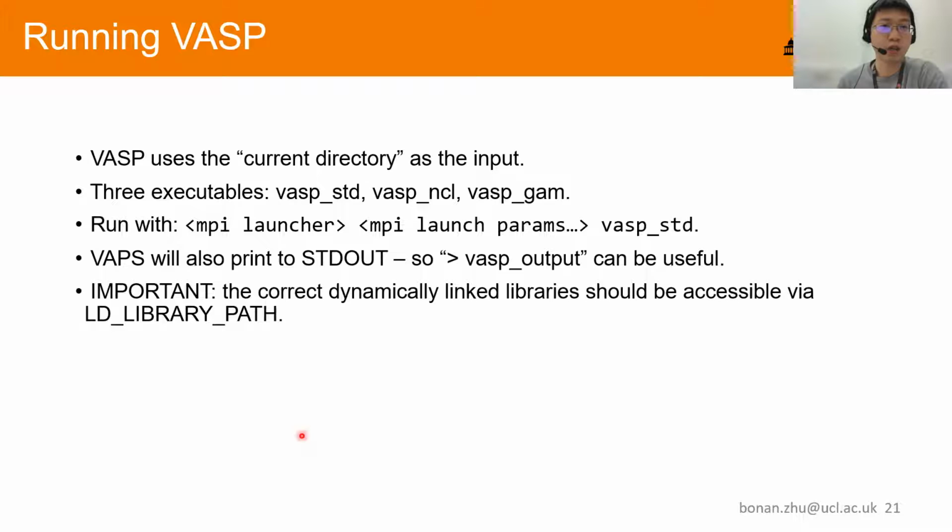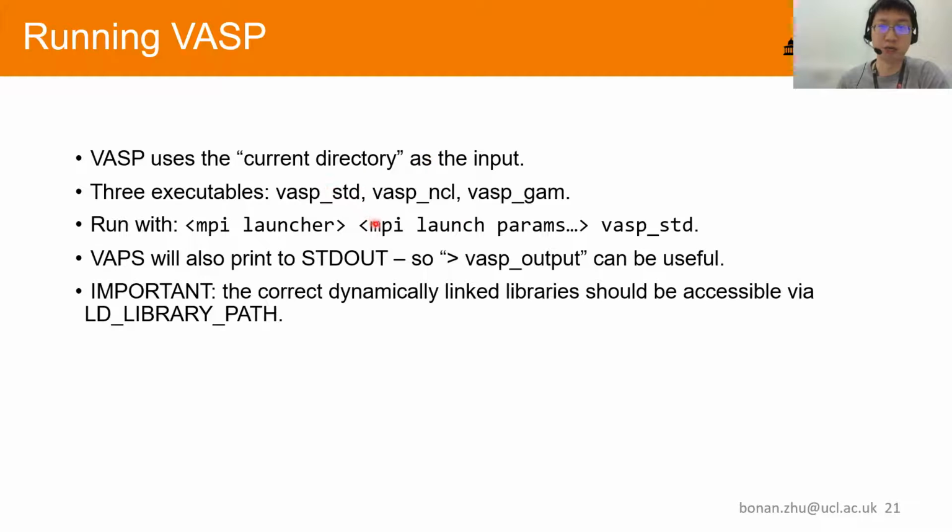So actually running VASP is quite simple. You just type the command vasp_std, which stands for the standard version for multiple k-points in the reciprocal space. There are also two variants. The NCL one stands for non-collinear magnetism.